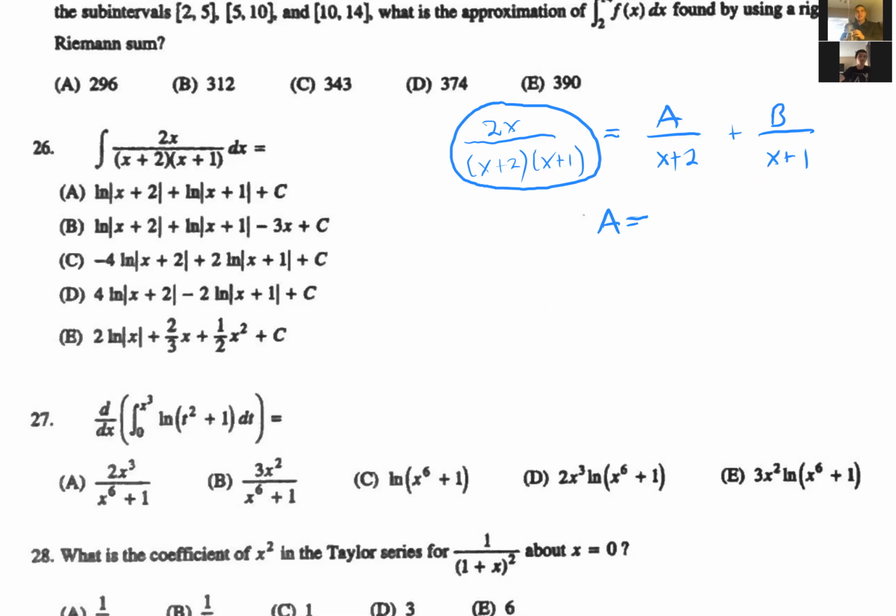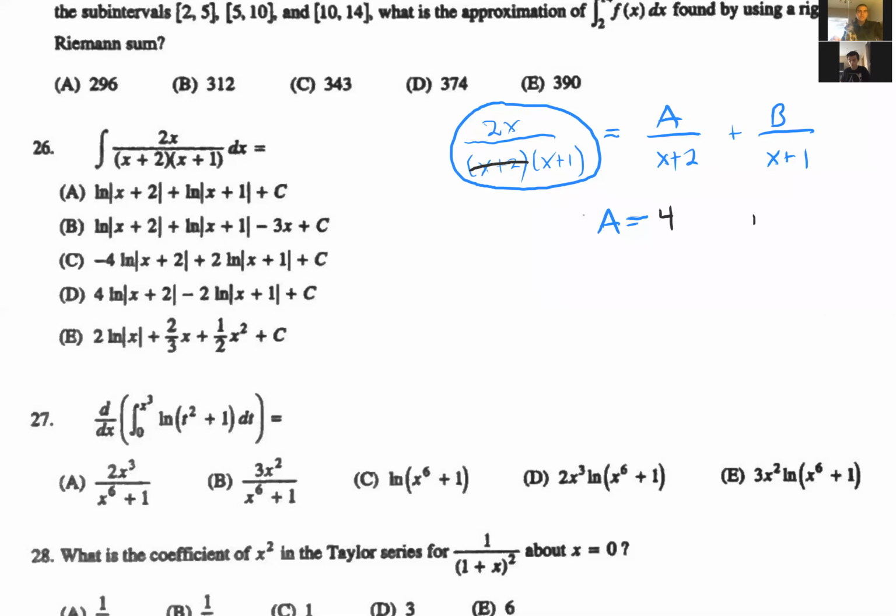What number would make the denominator 0 under a? -2. So what I would do here is ignore this part and then plug in -2 for x. So you have -4 on top, -1 on the bottom. So -4 divided by -1 is going to be 4.